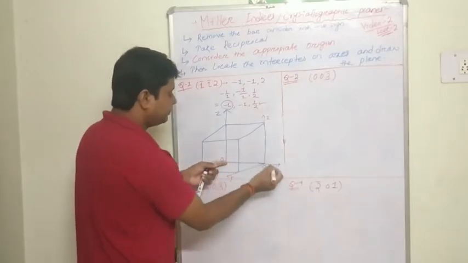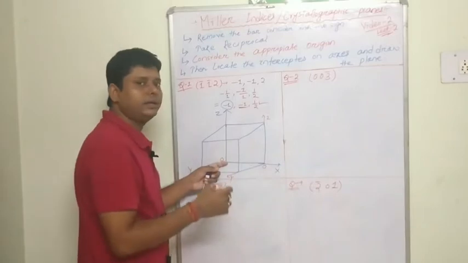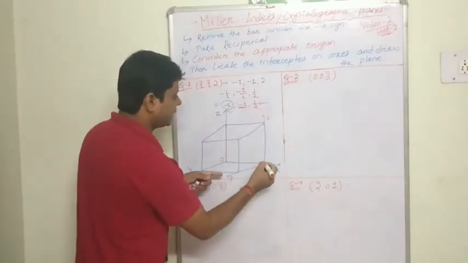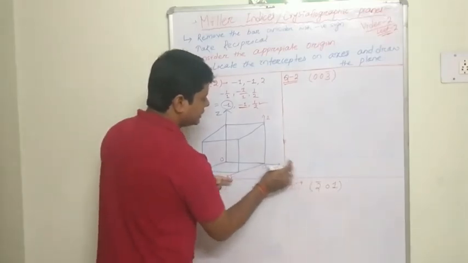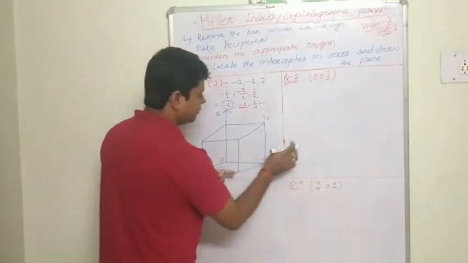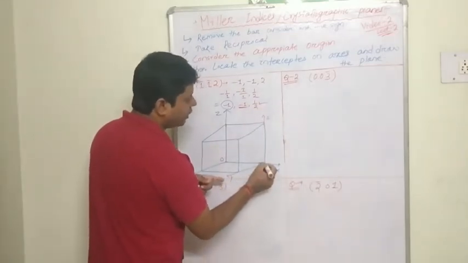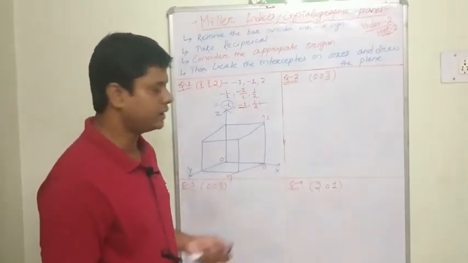But then I have to move again 1 unit negative along the y-axis. That means I have to move in this way, because here is the origin, with positive y-axis, negative y-axis, positive z-axis, negative z-axis. So I have to move 1 unit this way, but in this way there is no cube, there is no figure.